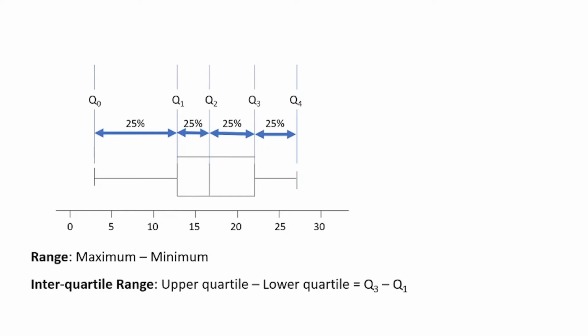Hopefully you know already by now, from our studies around measures of location and spread, that there's a specific reason why we like to use the interquartile range as a preference to the range. And the reason is that there may be extreme values in our data, and the range would be affected by those extreme values.